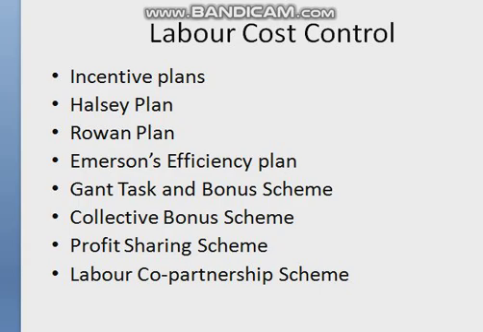If the efficiency is from 83% to 100%, 110% of the ordinary piece rate is paid. And if the efficiency is above 100%, 120% of the ordinary piece rate is paid. Like Taylor's plan, this method also does not guarantee any minimum wages.